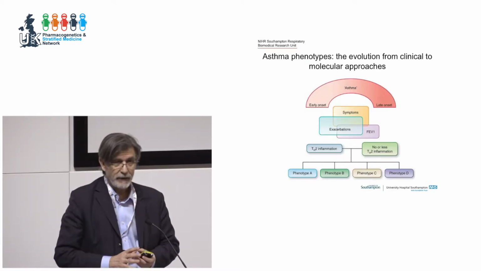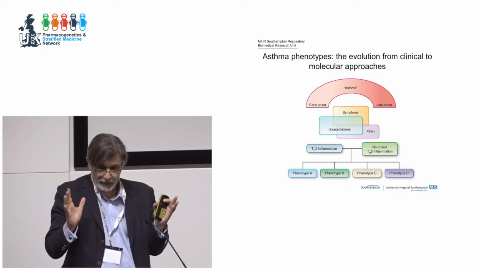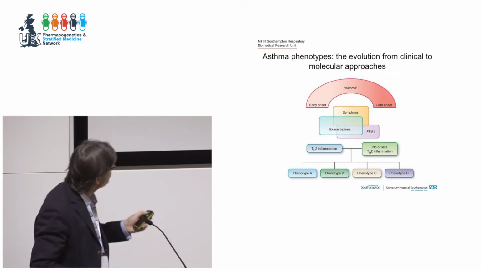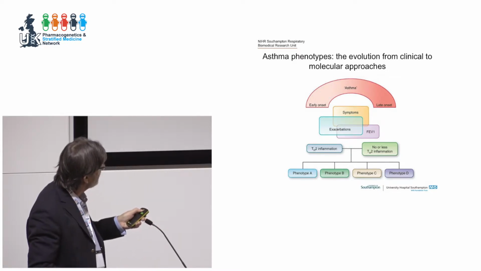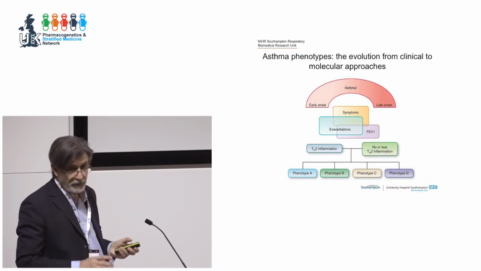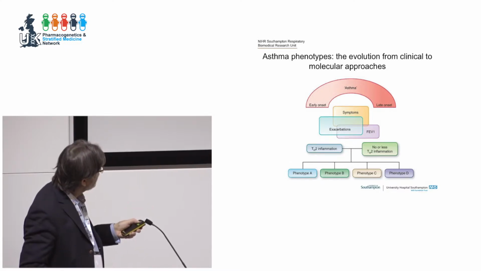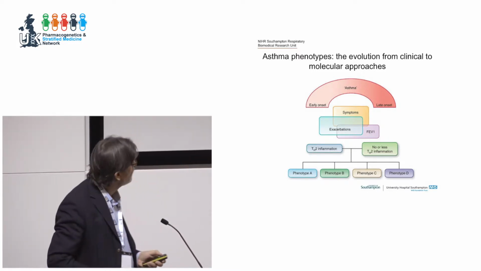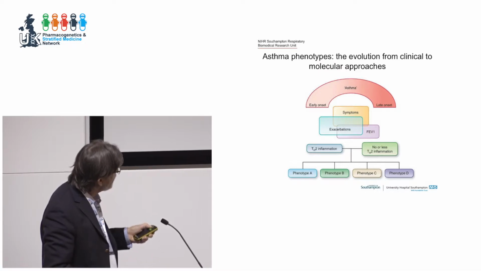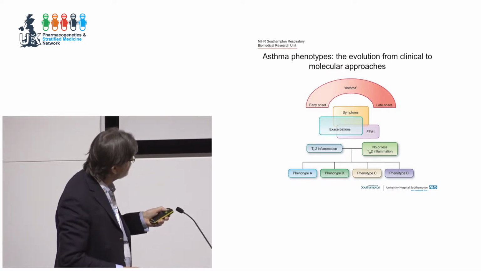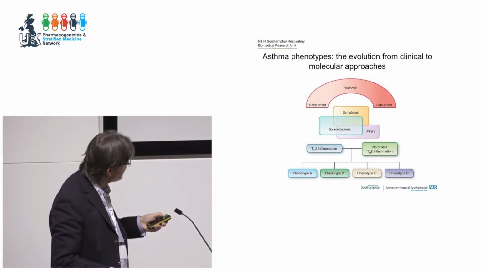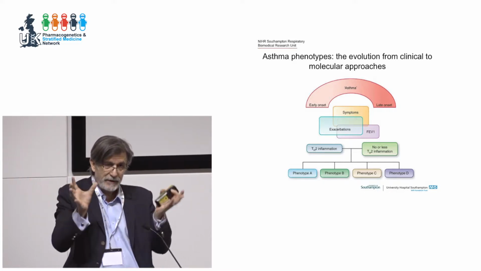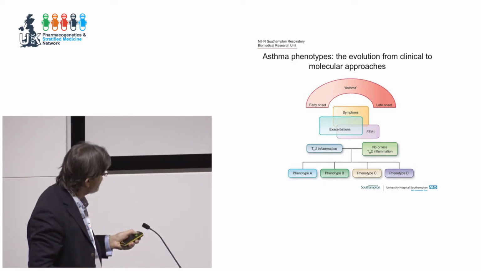And this is where we are at the moment. This is a very simplified recognition of asthma phenotype. So you've got the umbrella term of asthma. Some people develop asthma when they're young, so children typically, and others develop it late in their life, so 40s onwards. And we can characterize these by symptoms, by how often they exacerbate, by their lung function. And then there are, broadly speaking, two emerging umbrella mechanistic phenotypes.